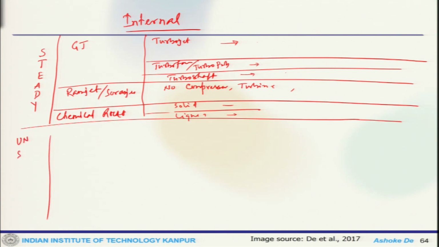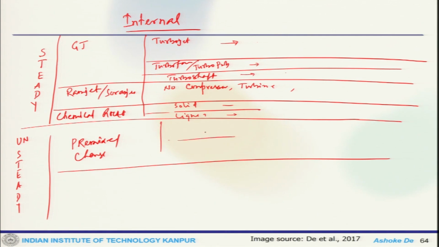Now, unsteady case, so you have a premixed charge. Under premixed charge you could have two types, either gasoline or gas engine, or HCCI. Now, gasoline is a homogeneous charge spark ignition engine, and this is a homogeneous charge compression ignition engine. So, there is a small difference.